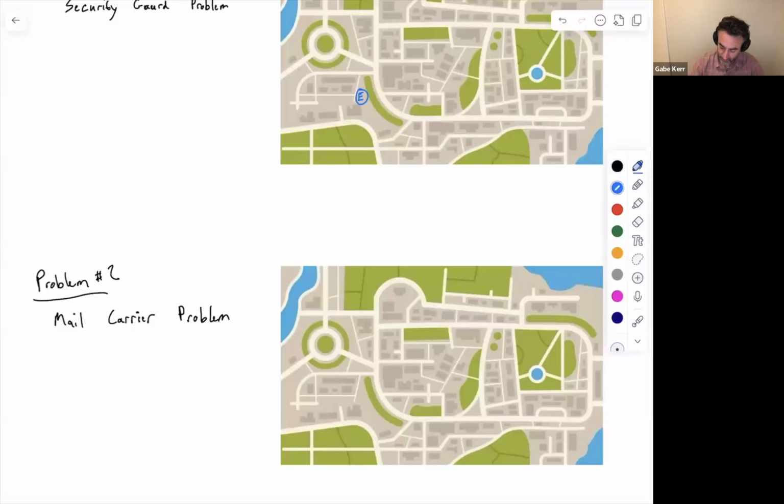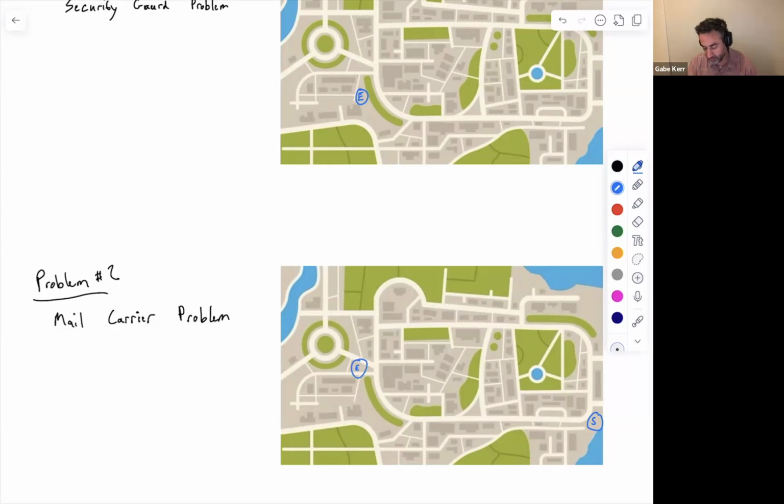Again, maybe it's the same, maybe it's the post office, or the mail carrier takes the mail truck home. So here's a start point and some end point.